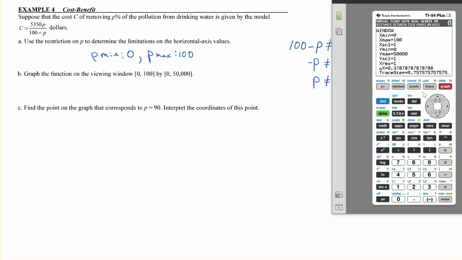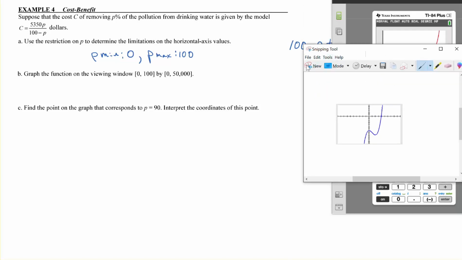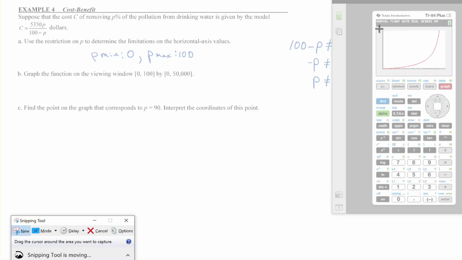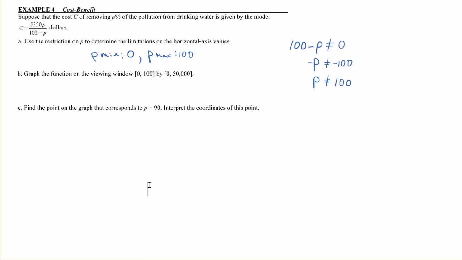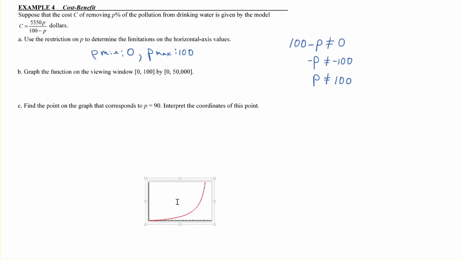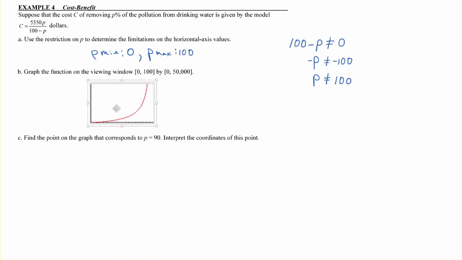And just hit graph, and there we go. Okay, let me fix that. So we're going to save this graph. Okay. And so I know that I have it on this nice window. That's what it's going to look like.